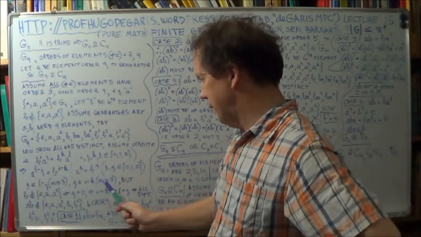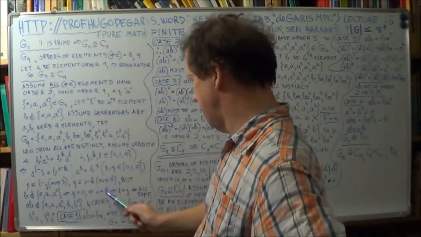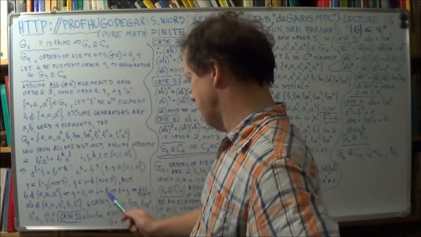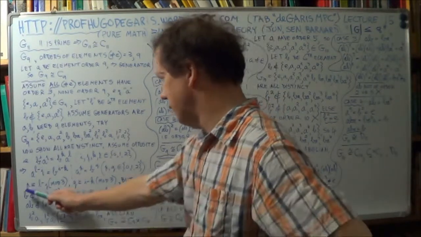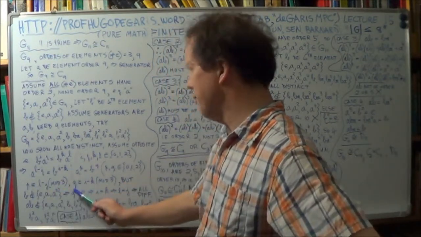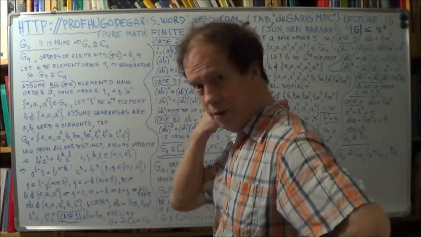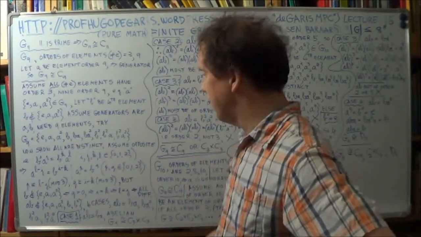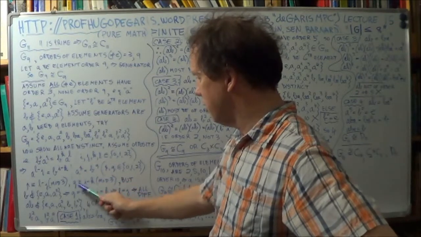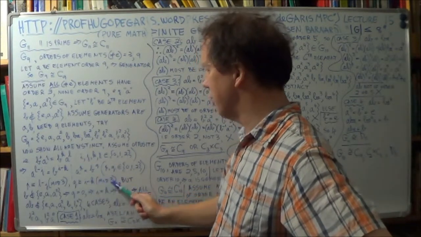And a similar story for Q, because B also has order 3. So Q is congruent to I minus K mod 3.